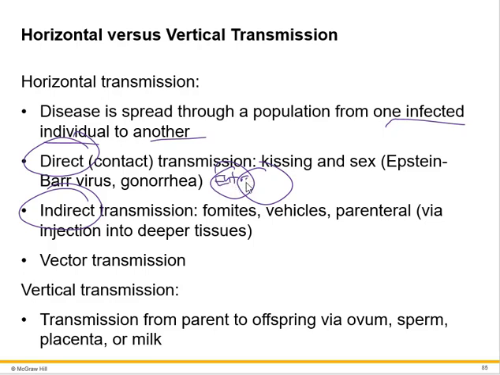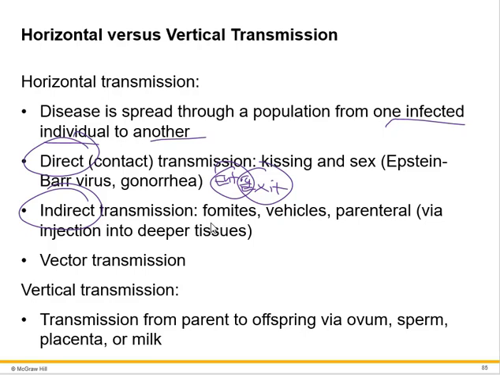So if you're within like 1 foot of someone and you sneeze on them, that would be an example. But if you're more than 6 feet away and you sneeze on some door handle, or it's in the air and you breathe it in, that's more indirect.